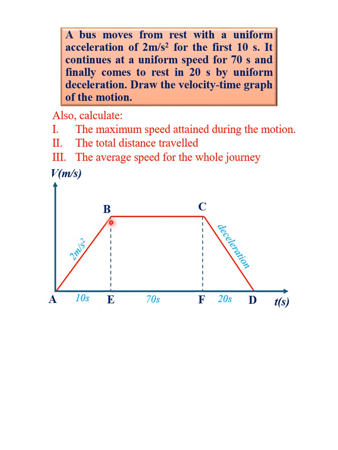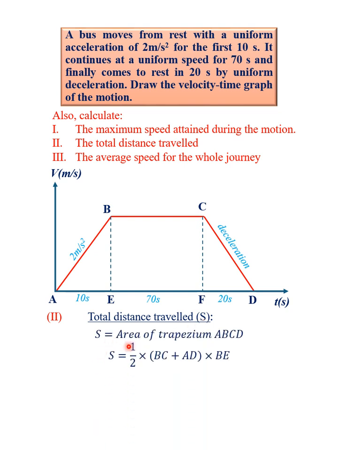The total distance traveled for the entire journey is equal to the area of this trapezium ABCD. So let's represent the total distance as S. S is equal to the area of trapezium ABCD, which is half the sum of the parallel sides, BC parallel to AD, times the perpendicular height BE, which is also CF. And that is equal to the speed we calculated in number 1.